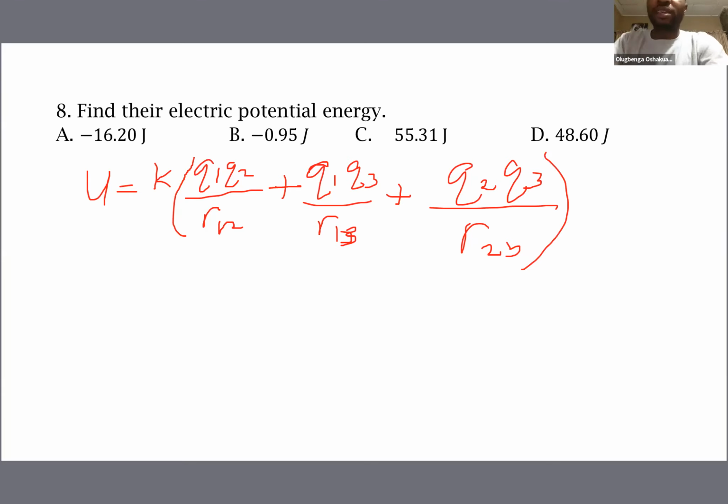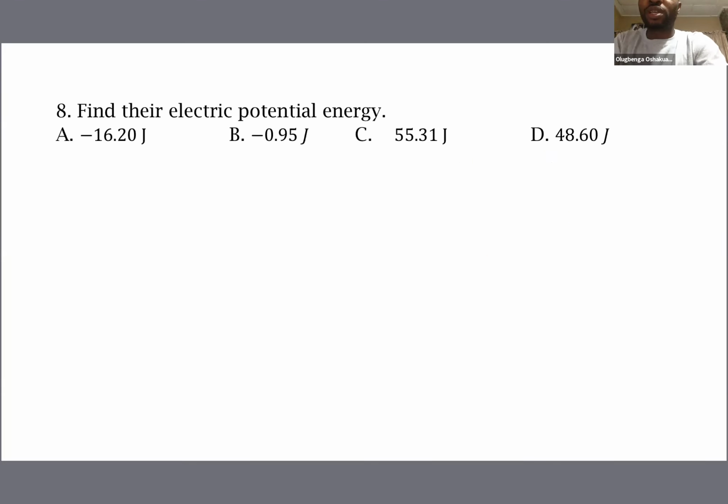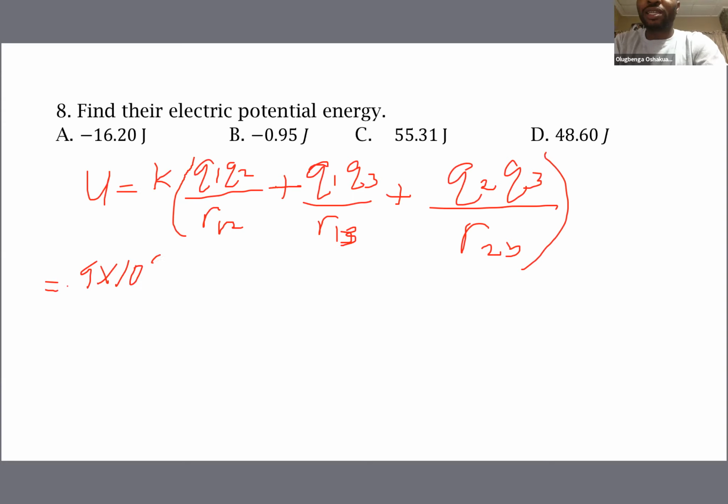We know K to be 9 times 10 raised to the power 9. We know Q1 to be 6 times 10 raised to the power minus 6. We know Q2 to be minus 3.